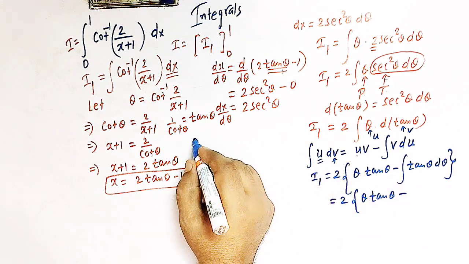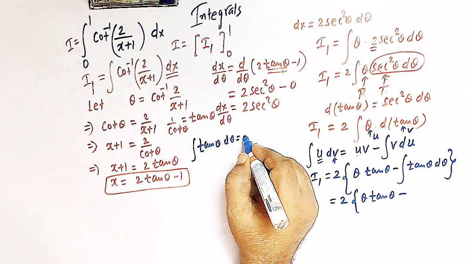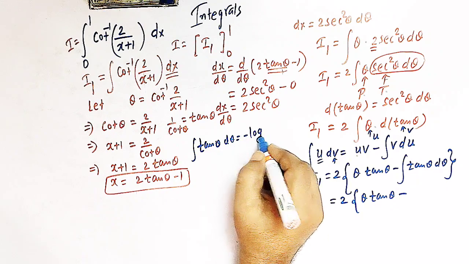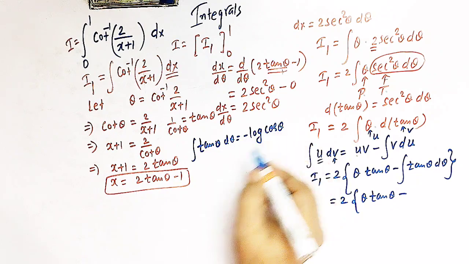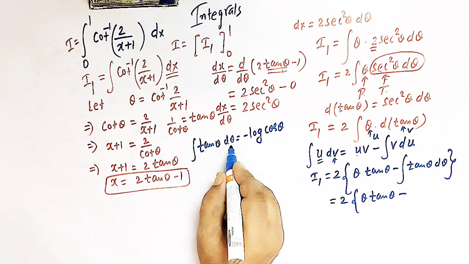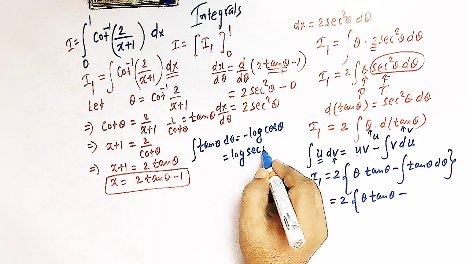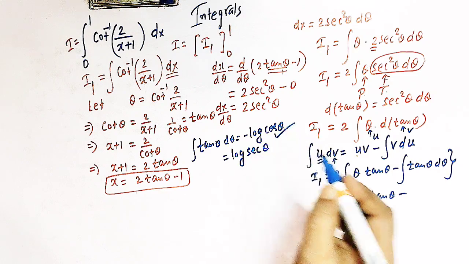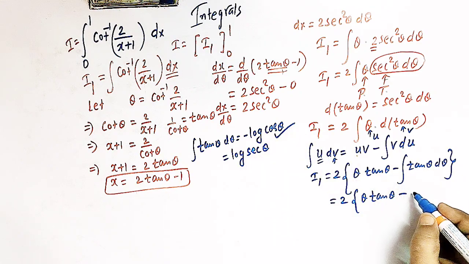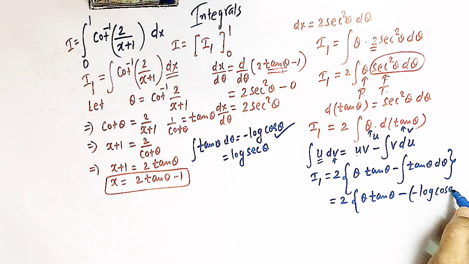the integral of tan theta, which is equal to the negative of log of cosine theta. We can also write the integral of tan theta d theta as log of secant theta. So we'll use this result. Here we have minus a log of cos theta.